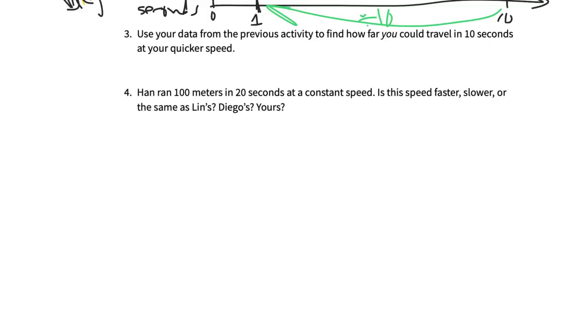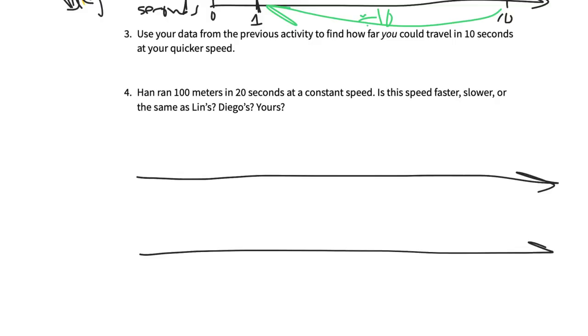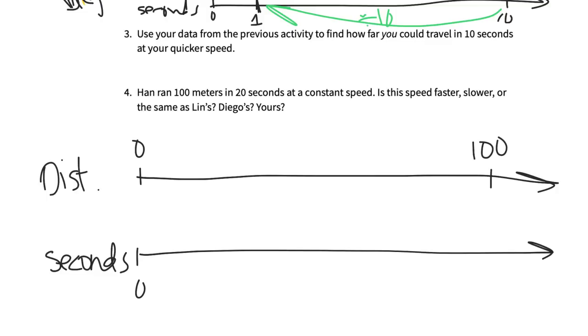So the idea is we're going to need to think about putting Han on a double number line. So here's my double number line, and here's my zeros, and this is my seconds, and this is my distance. Now Han ran 100 meters in 20 seconds. So if we wanted to, we can kind of whittle our way down. 10 seconds is 50 meters.